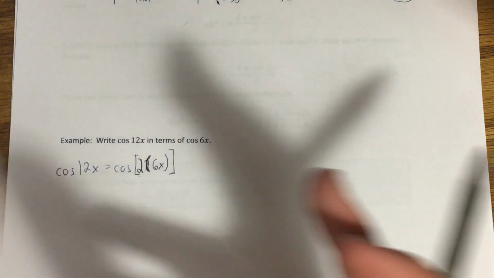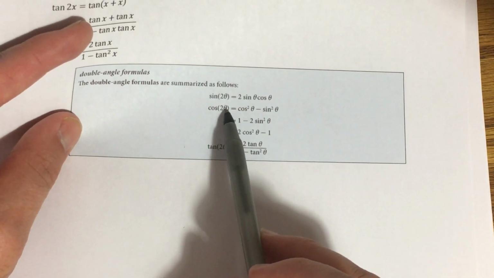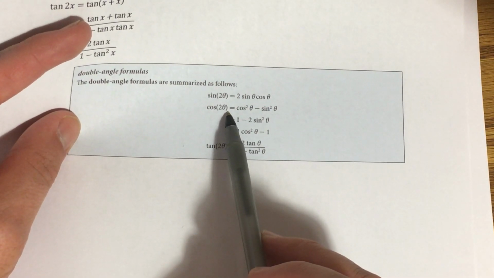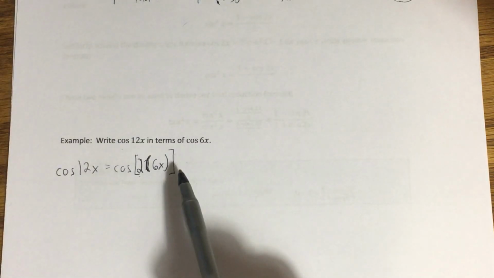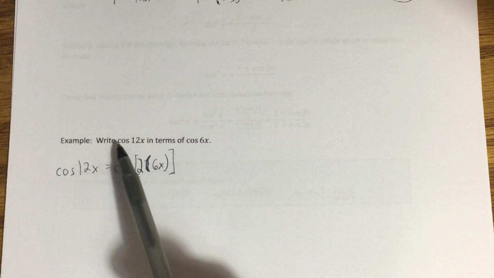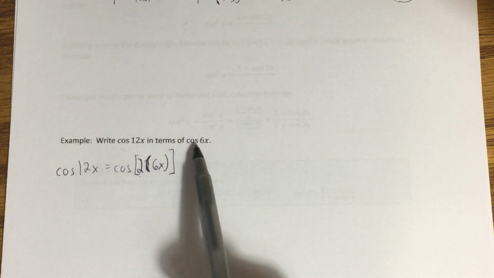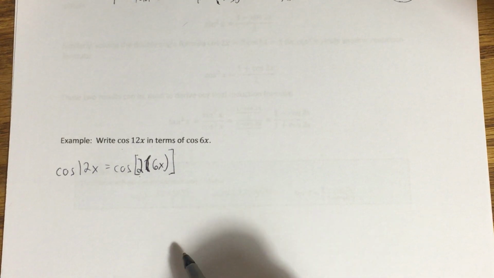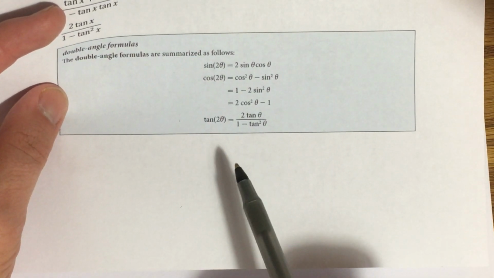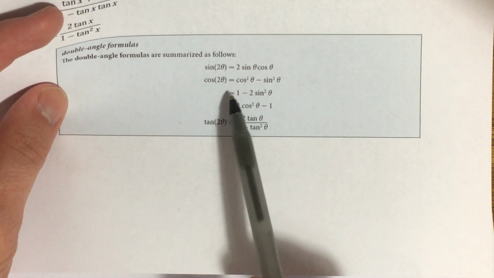That 6x is now playing the role of the theta in this double angle formula, or any one of these double angle formulas. The next thing I want to look at is the fact that it's asking me to write cosine of 12x in terms of cosine of 6x. It doesn't say cosine of 6x and sine of 6x. It just says cosine. So this is where I have to be careful to select the correct double angle formula.